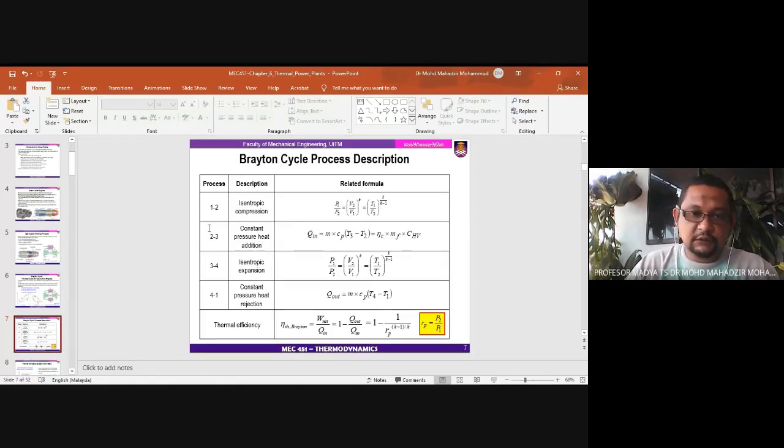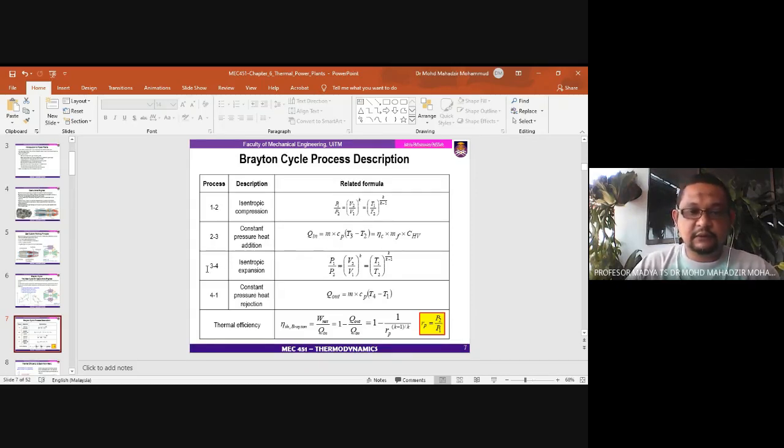Process two, states two and three, is constant pressure heat addition. Here we only have Q in, so you use the closed system equation, Q minus W equals delta U. Simplifying that gives the equation for heat addition in that process.